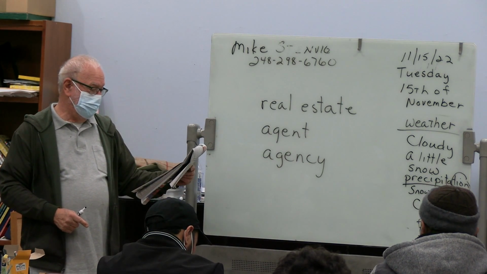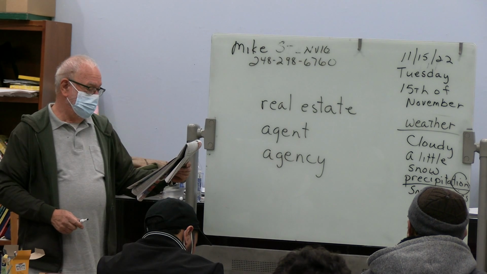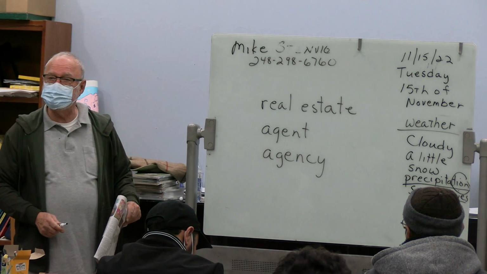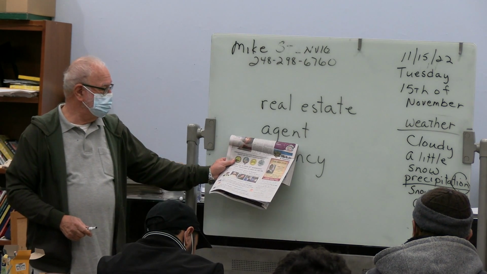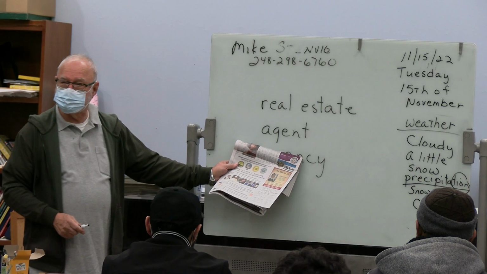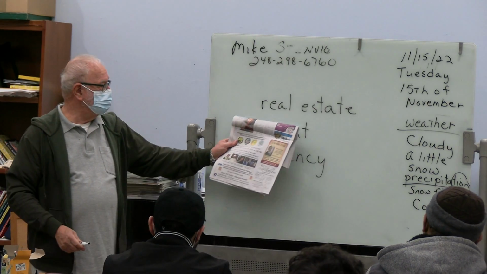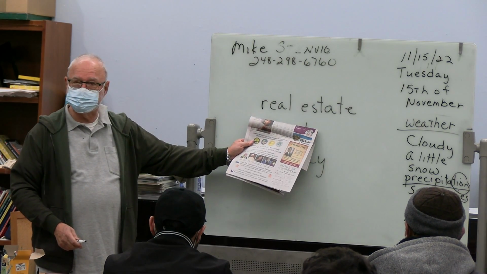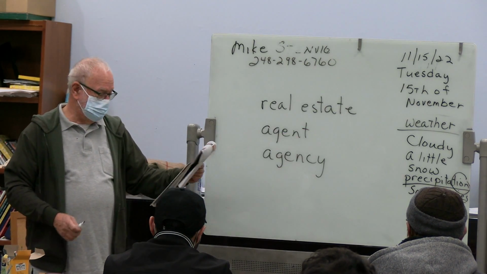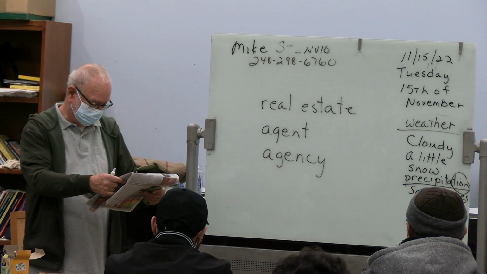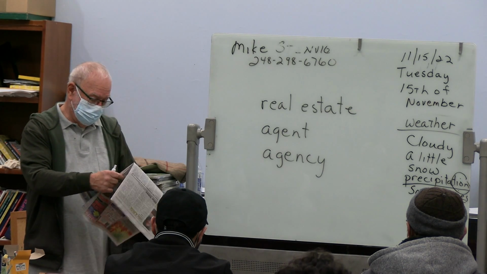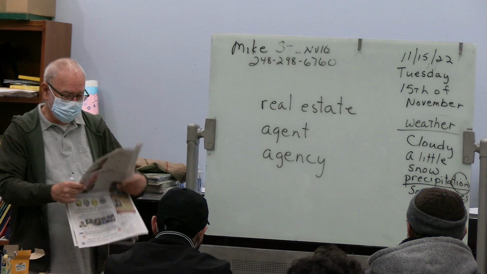And it says here, certified agent. That means he has the license and so on to buy or sell real estate. All right, we covered a lot of turf with that.